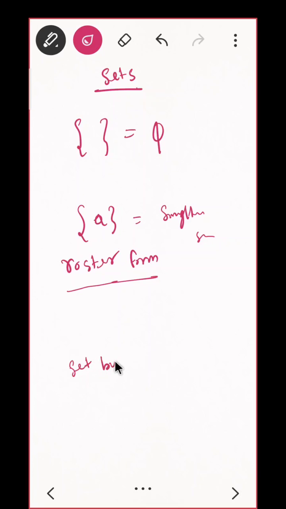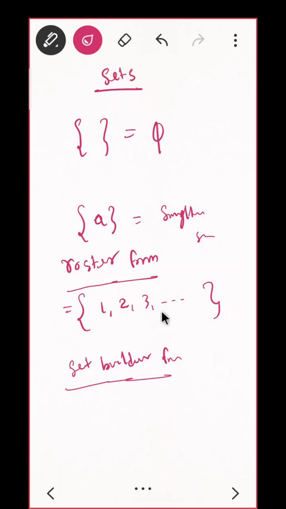Good. What is roster form? In roster form, it will be just like elements. You are writing 1 comma 2 comma 3 like that. It will be a collection of all, you are just writing them with commas.